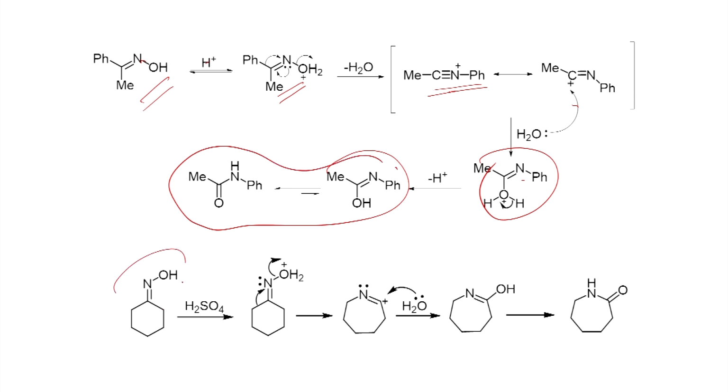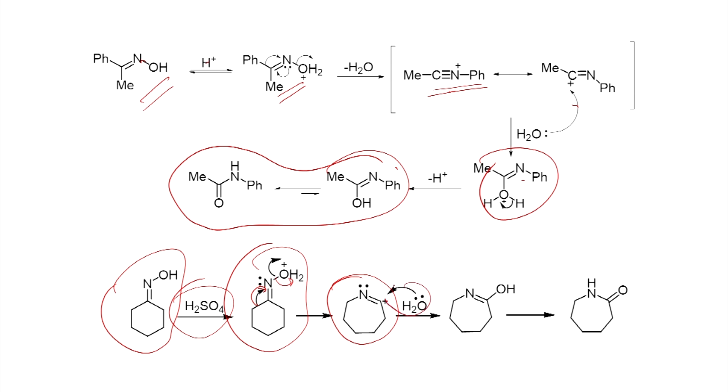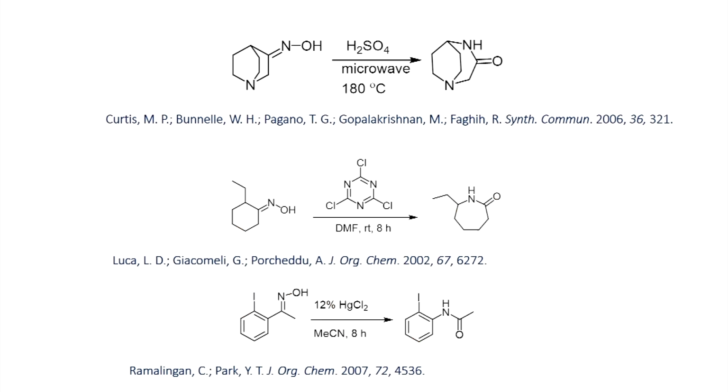For example, here also, when you take cyclohexanone and react with hydroxylamine, you make the oxime, and when you react with sulfuric acid, you will form this intermediate. Once you form this one, now this can migrate, and so you will have this carbocation intermediate, which can react with the water molecule. Addition reaction can give this, which can isomerize to this caprolactam as the product.